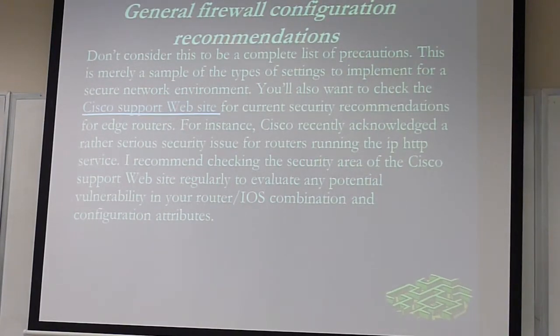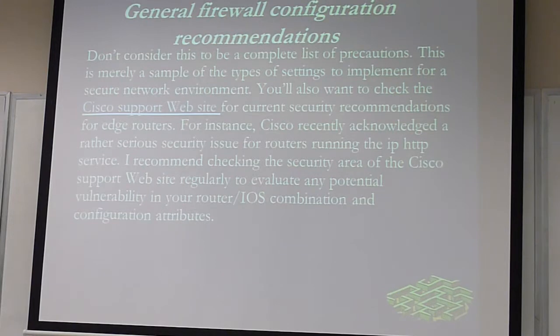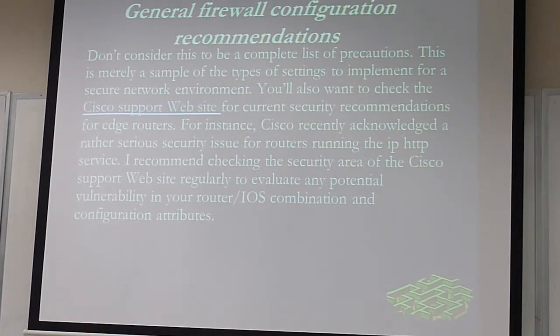Alright, don't consider this to be a complete list of precautions. This is merely a sample of the types of settings to implement for a secure network environment. Check the support website, check at Cisco.